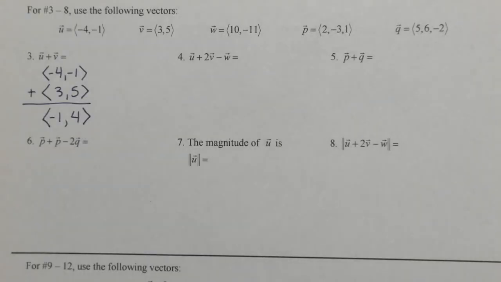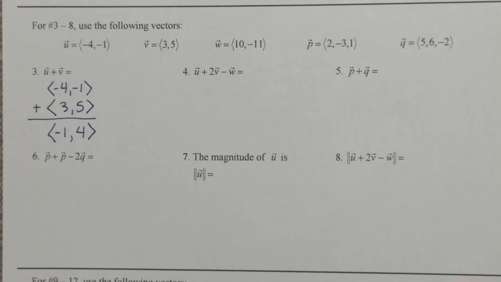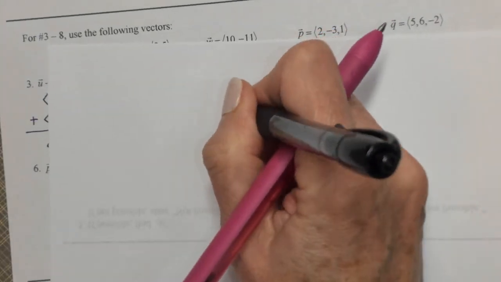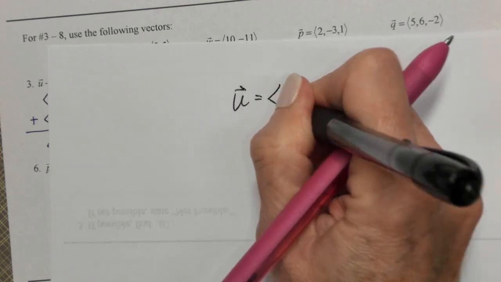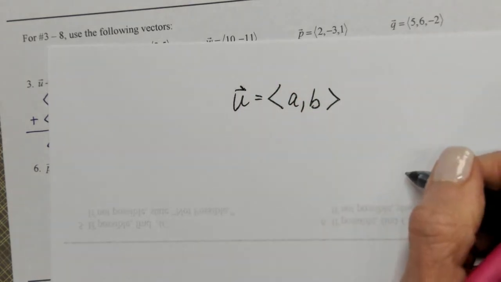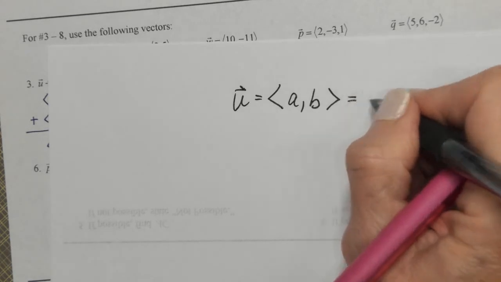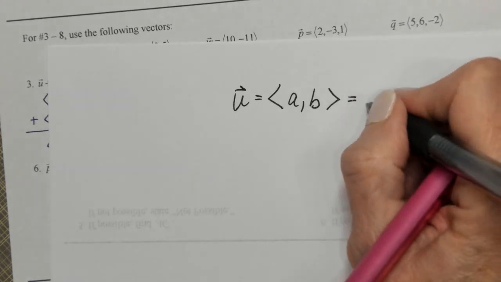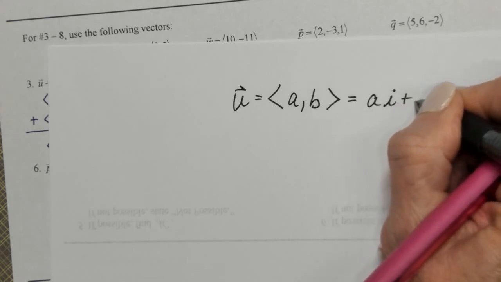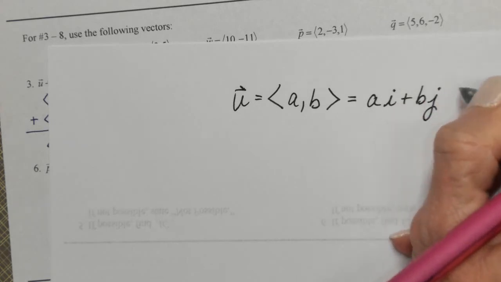Alrighty? Okay. So we can denote a vector in that form, or we can denote a vector in this form: a times i plus b times j.